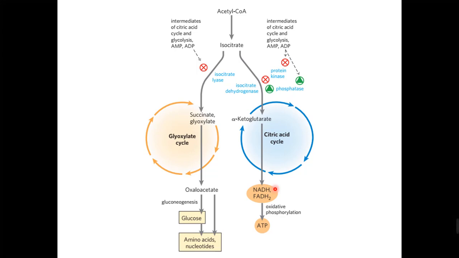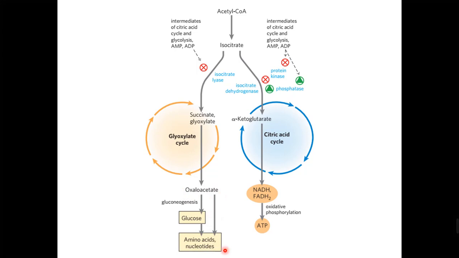Now this is the relation between the citric acid cycle and the glyoxylate cycle. The citric acid cycle will produce NADH and FADH2 that will form ATP. The main purpose of the citric acid cycle is to produce energy. At the same time, the glyoxylate cycle is a variant of the citric acid cycle, and this variant will form oxaloacetate, which is involved in the synthesis of glucose, and further amino acid or nucleotide production.